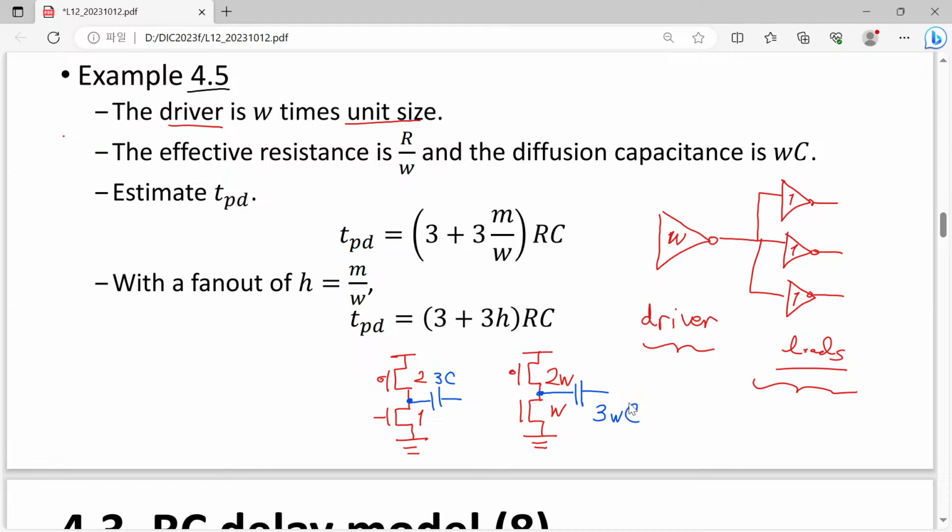So since we have a W times wider channel, it is quite obvious that we have a higher capacitance value.